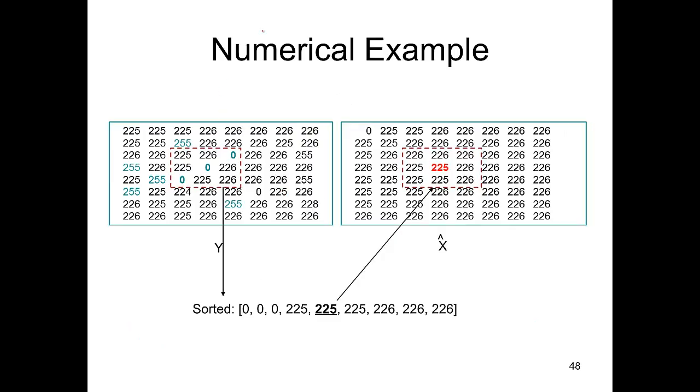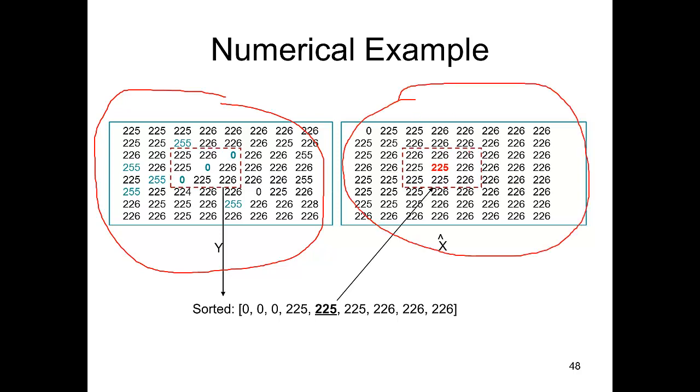Let's have an example. This is the original image. You want to perform a median filter to get a noise reduced image. You need to perform a median operation.